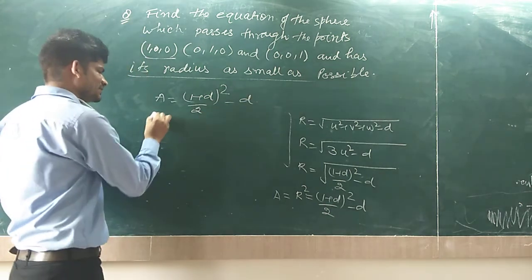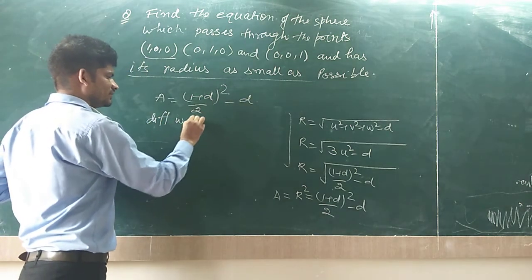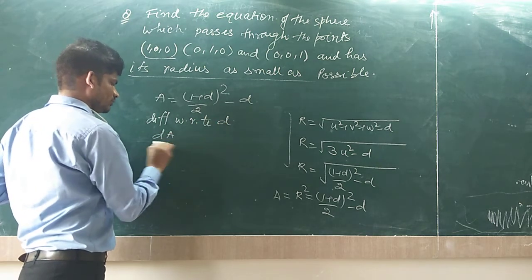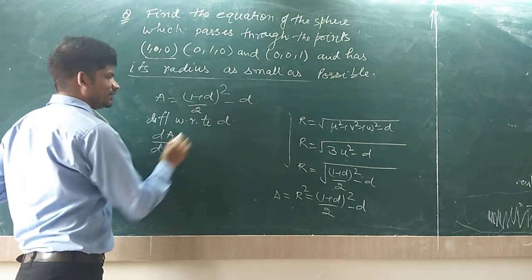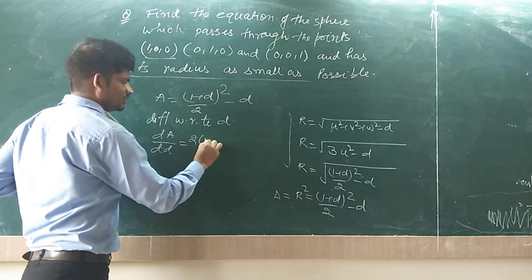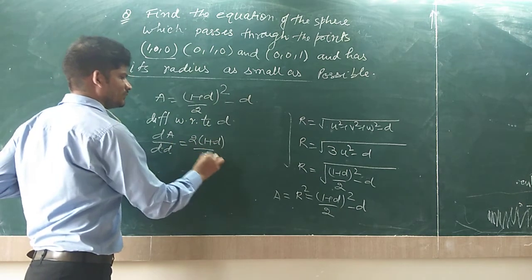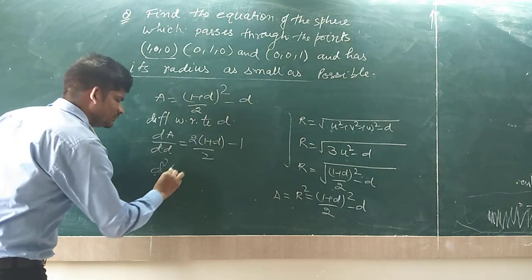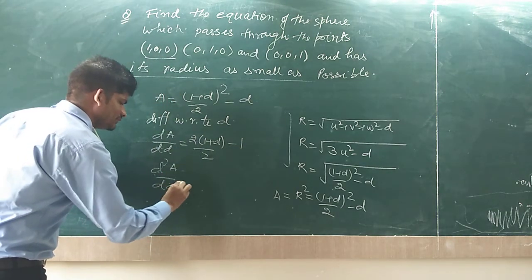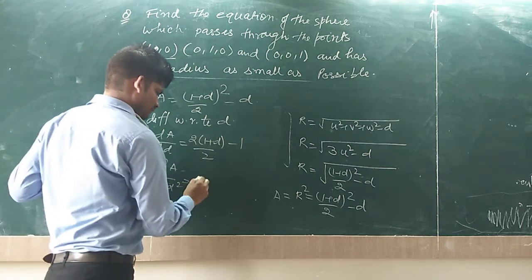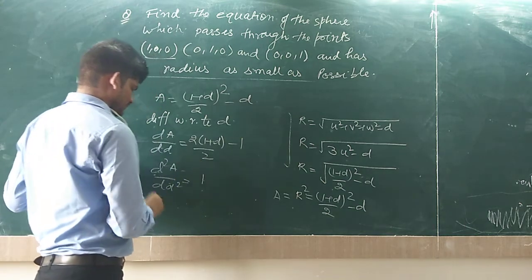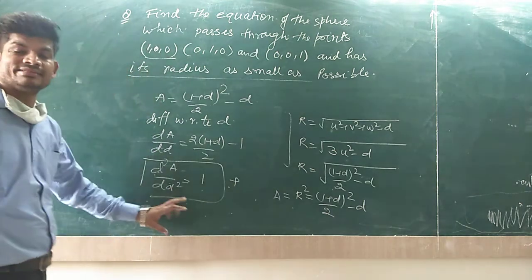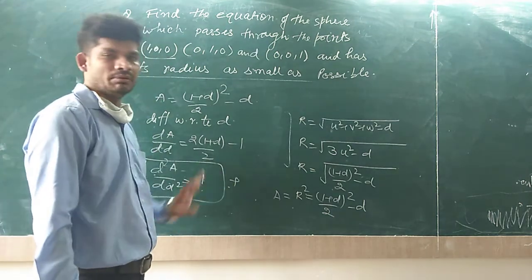Differentiating with respect to d, dA over dd equal to 2(1 plus d) upon 2 minus 1. Again, d2A over dd square equal to 1. The second derivative is positive, so the radius is minimum.